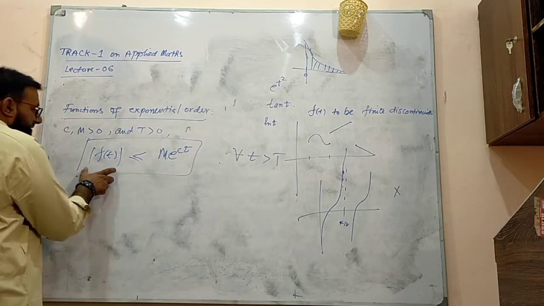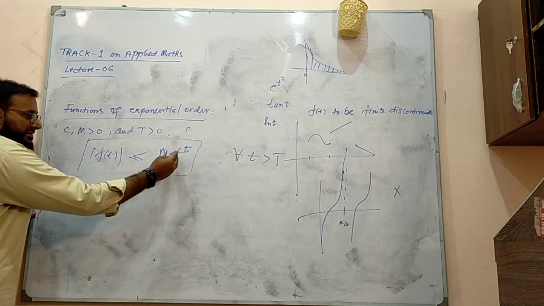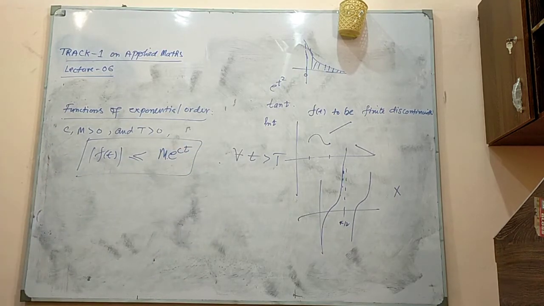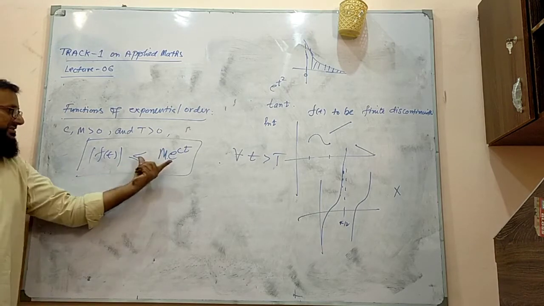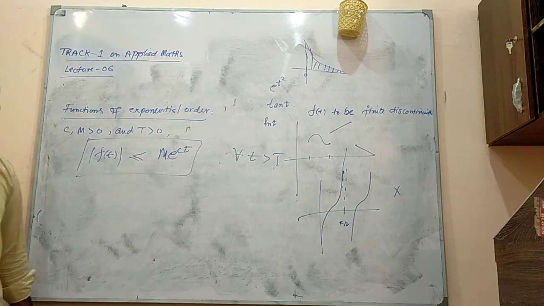It means the value of your function is less than some exponential e raised to ct.